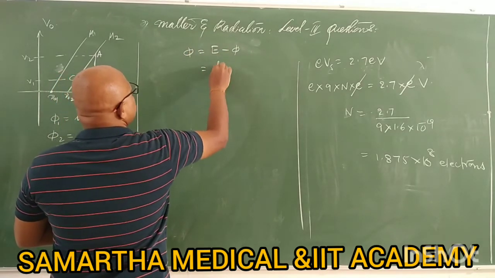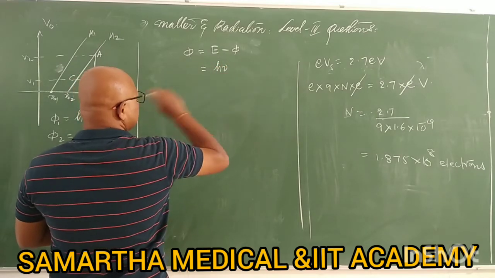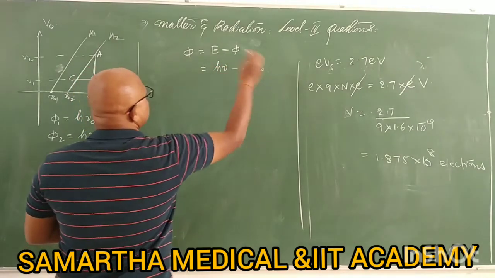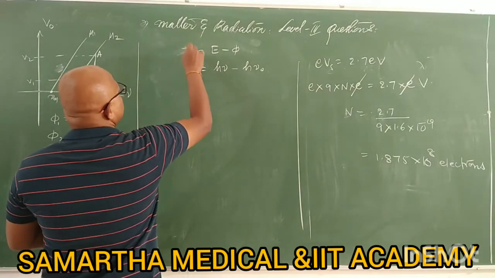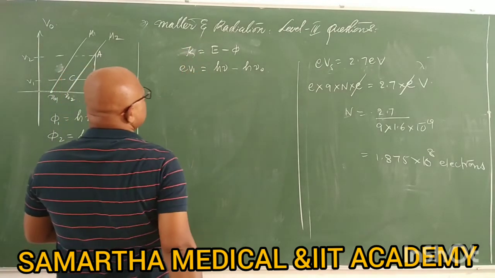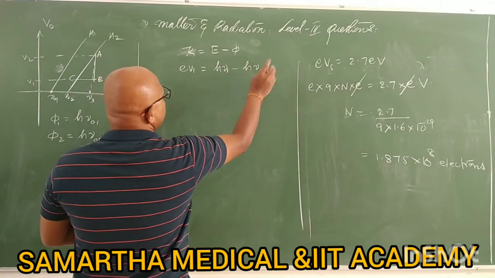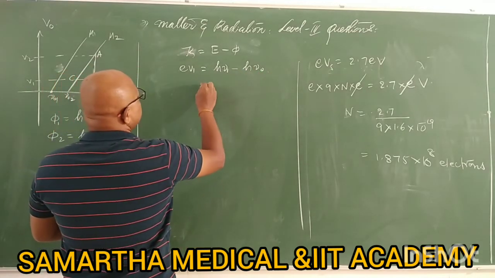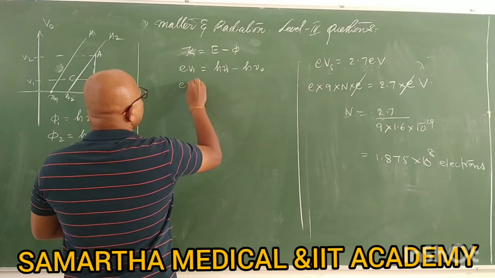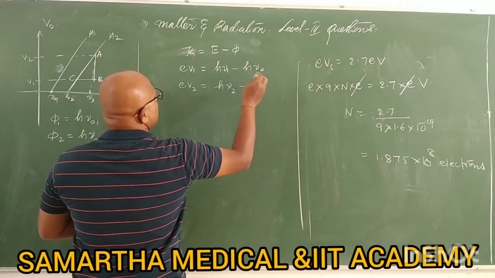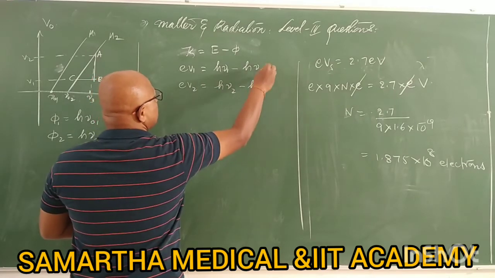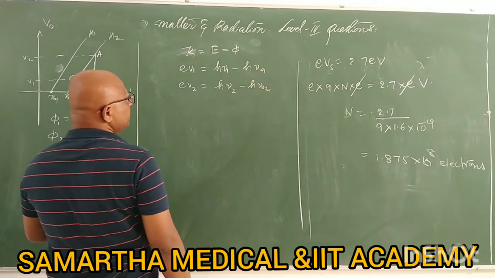E minus phi means h nu minus h nu naught. K max e V1 is equal to h nu 1 minus h nu naught 1, and if you take h constant, e V2 is equal to h nu 2 minus h nu naught 2.